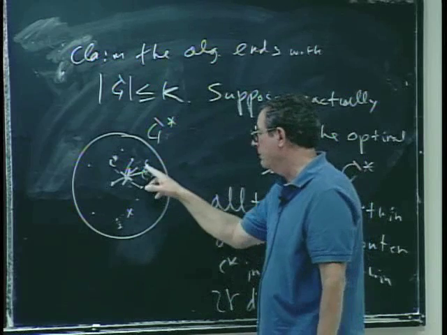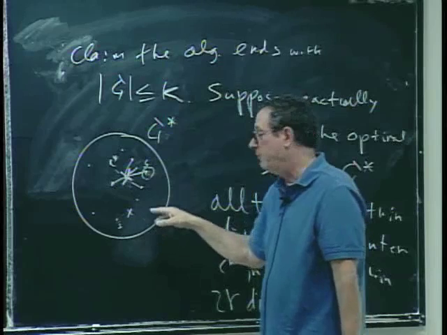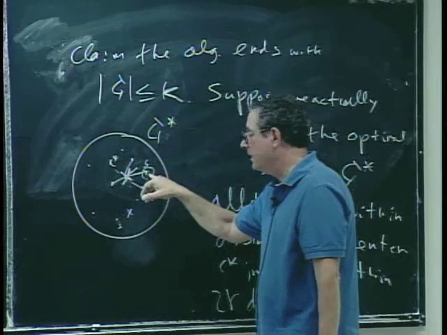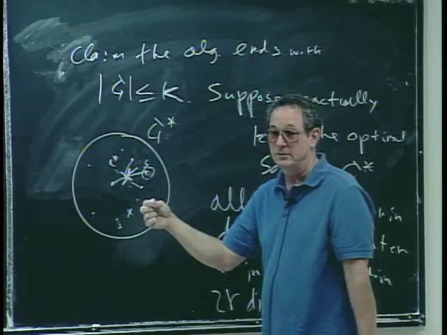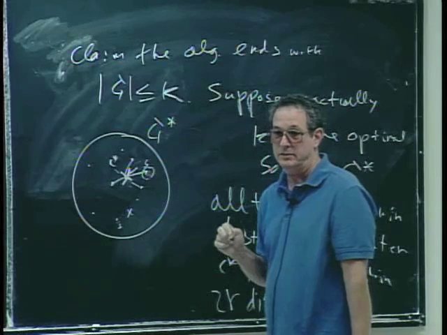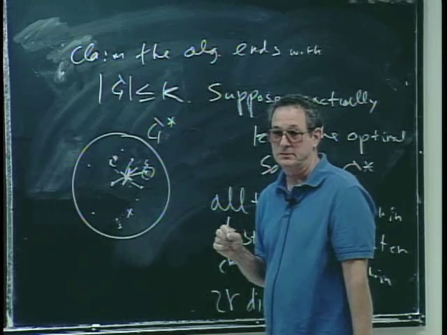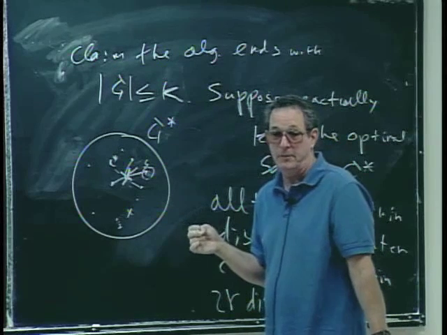The optimal, remember, has k centers. Now we're mapping every center picked by the algorithm to a different center. So how many centers does the algorithm select? K, or even less possibly, at most K.